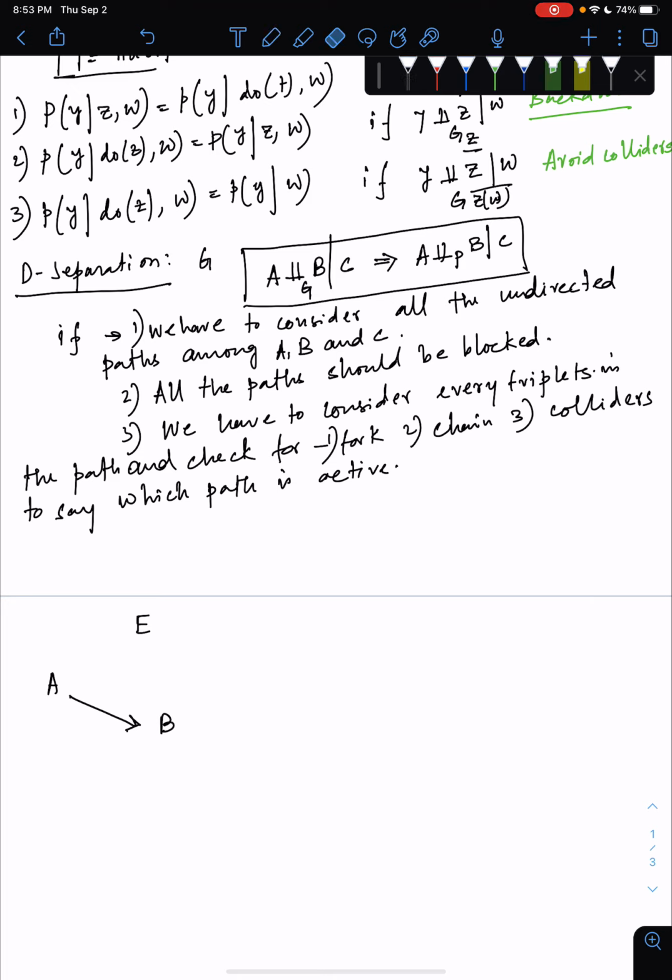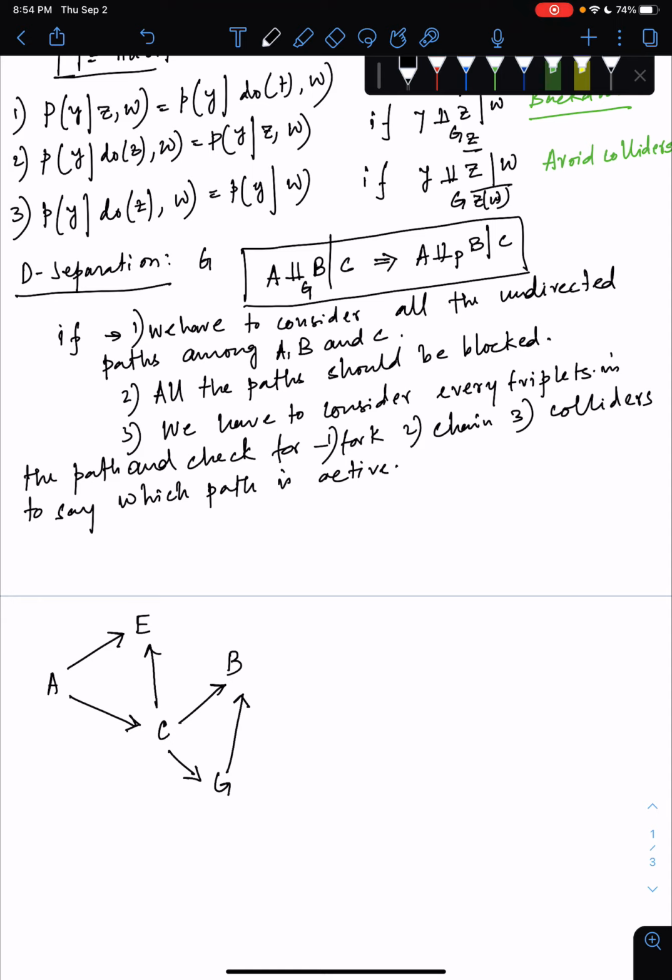Let me do this. And there is this path. There is this path. There is another path. There is another path. So it's a DAG, directed acyclic graph.